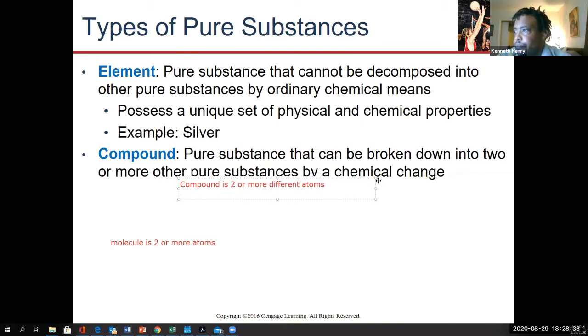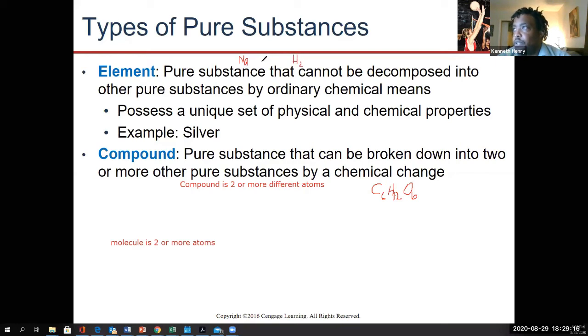And then element. An element is the simplest form. For instance, H2 is considered an element because it's only hydrogen. Na is another example.